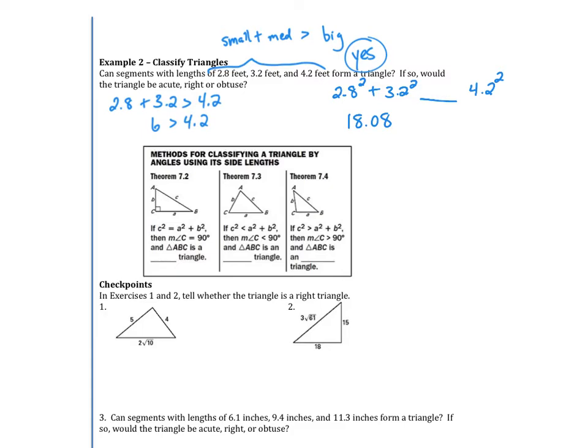If you take 4.2 and you square it, you get 17.64. Again, this is c over here, and this was a squared plus b squared. So in this case, c squared was smaller than a squared plus b squared, so this would form an acute triangle. It'd be acute because c squared is smaller.